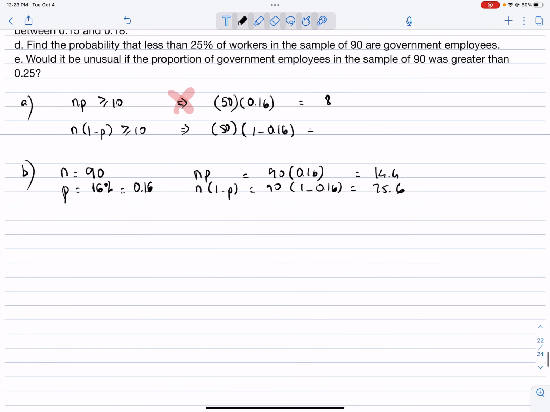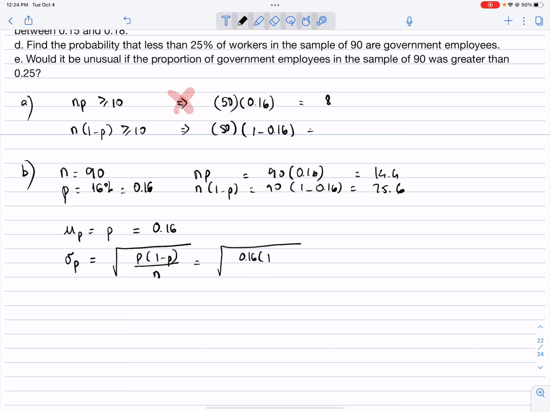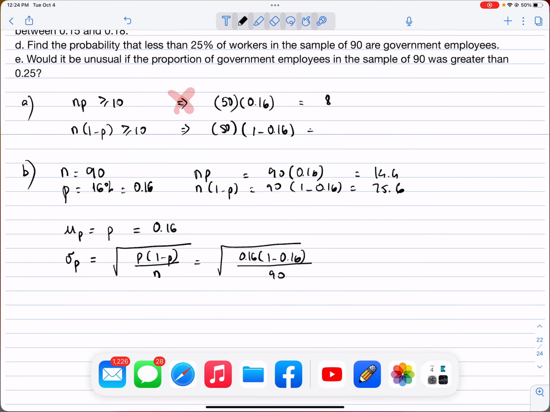The central limit theorem says the mean of the sample is the same as the population proportion. The sigma is the square root of p times 1 minus p, divided by n. So p is 0.16. Now we plug 0.16 in. After that I will input them in GeoGebra.